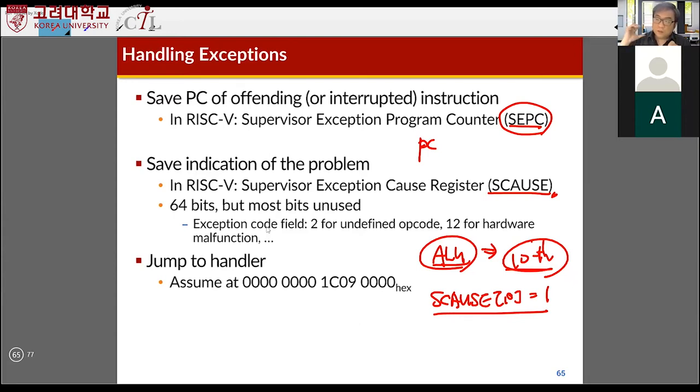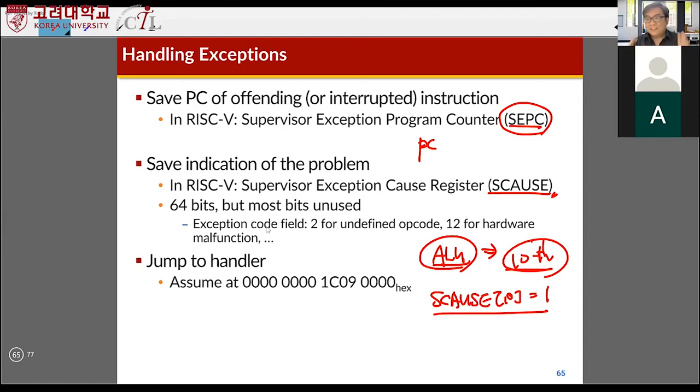And then if the execution of this target procedure is complete, the PC is restored from the stored PC, the original point, and then the original code is executed in the processor.